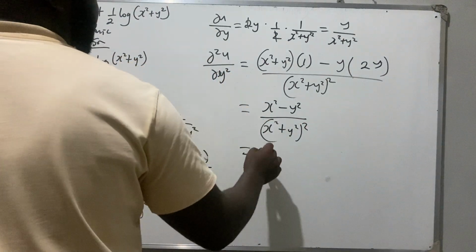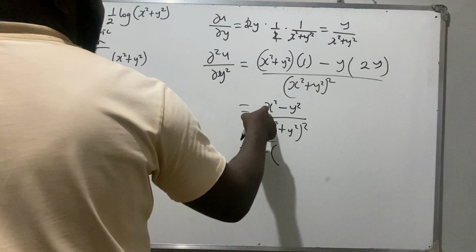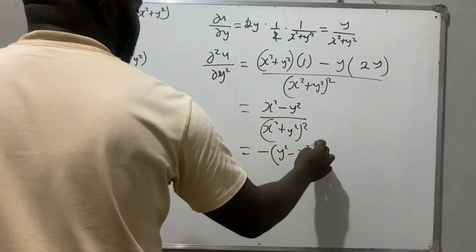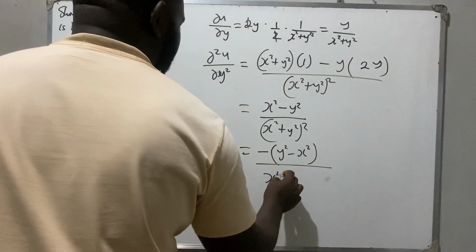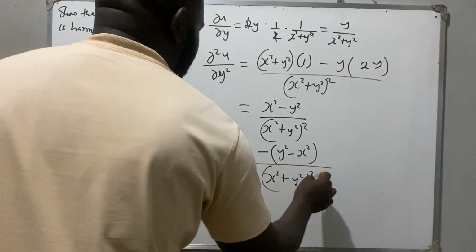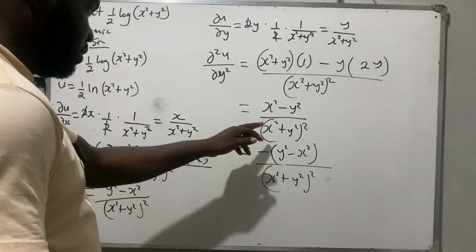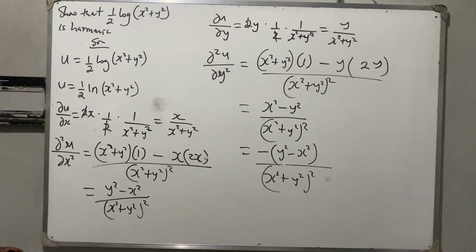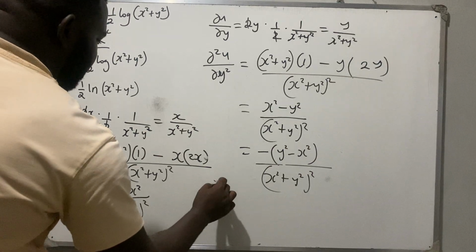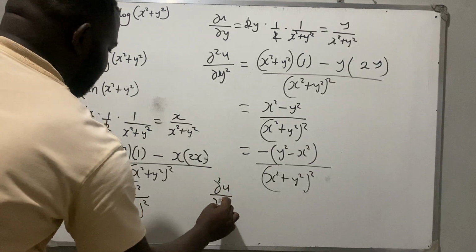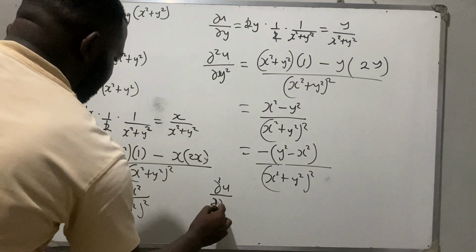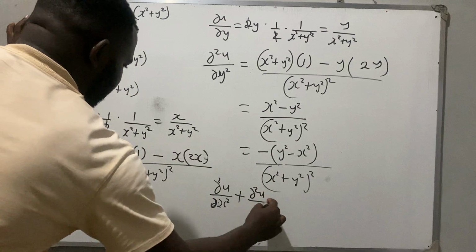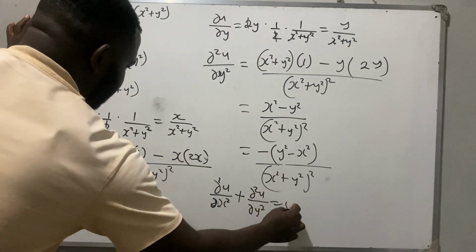Now, if I take out the negative in the bracket, minus times this will make it, minus times minus will be plus, y squared minus x squared all over x squared plus y squared all squared. So we want to check if we add partial squared u over partial x squared with partial squared u over partial y squared, will I get 0?